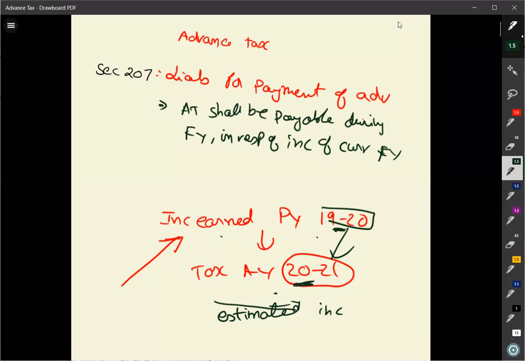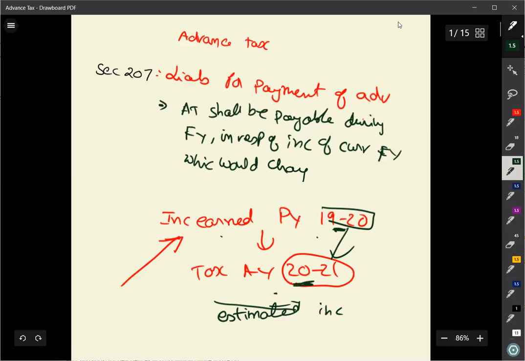So, advance tax shall be payable during the financial year in respect of the current year income of the financial year, which would be chargeable to tax in the assessment year.